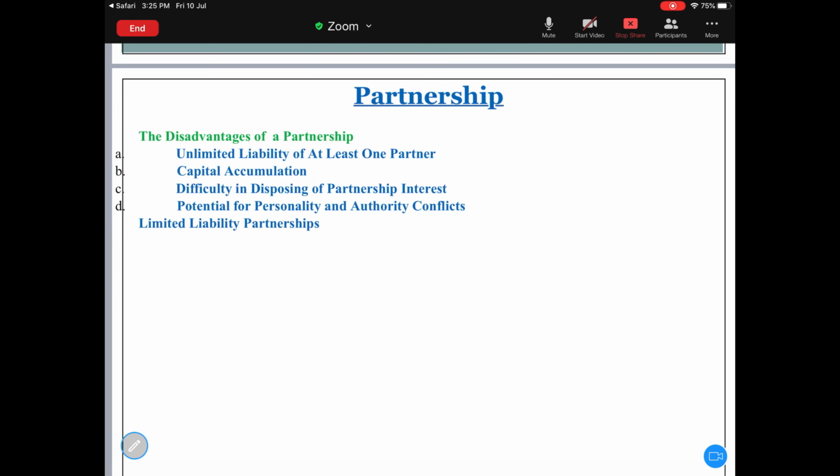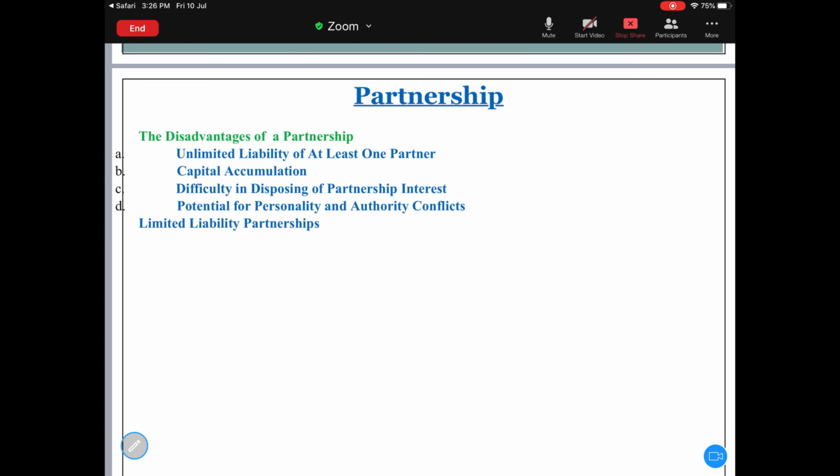Authority conflict comes when the managing partner says that I am running the show and I am the one who is actually doing all the business, whereas the financing partner would say that I am arranging the finance, I'm the one who has taken his personal life or dignity at stake. So these sorts of problems sometimes make it very difficult to carry on with the partnership.